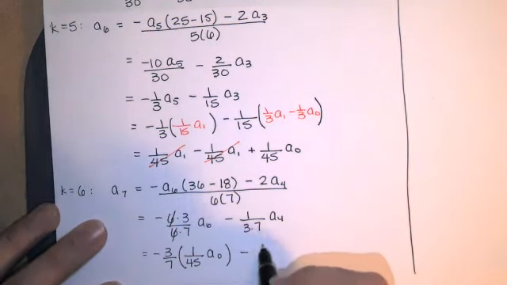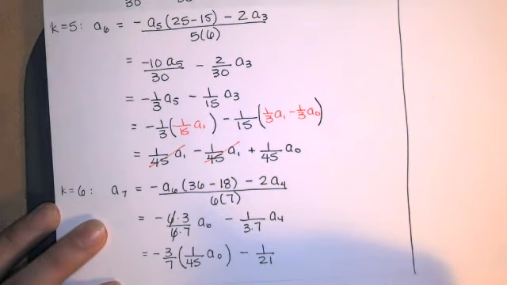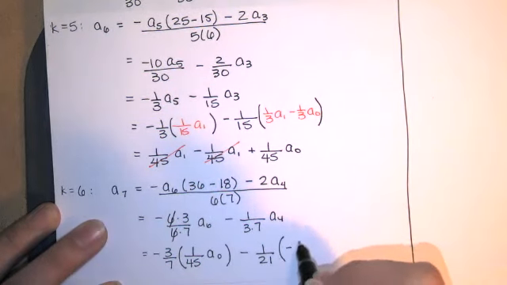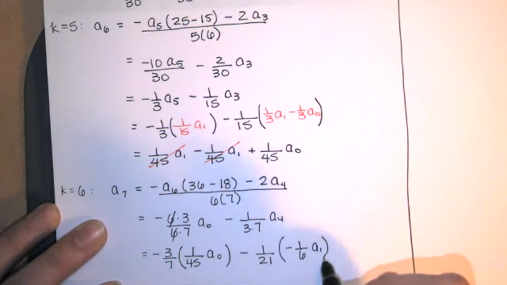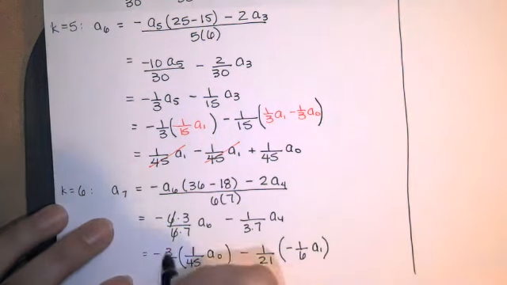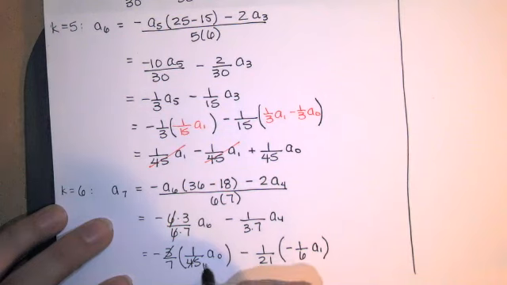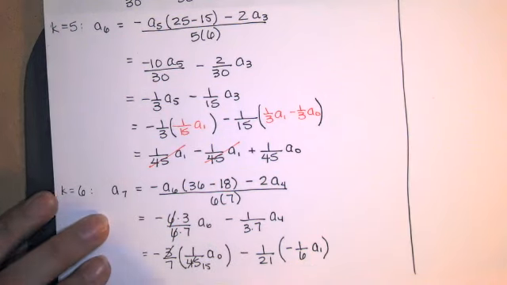And then here I've got minus 1 over 21 times a sub 4, and a sub 4 was negative 1 over 6 times a sub 1. So these guys will simplify a little bit further. 3 goes into 45 15 times.